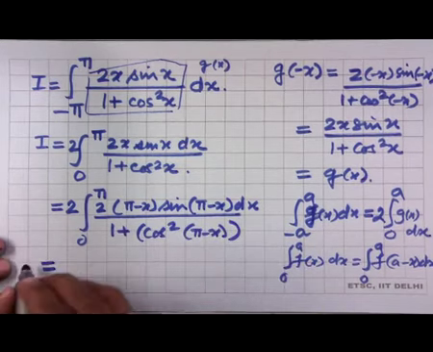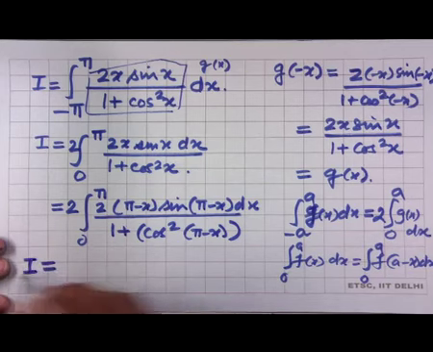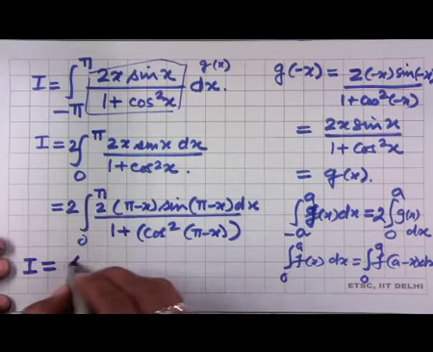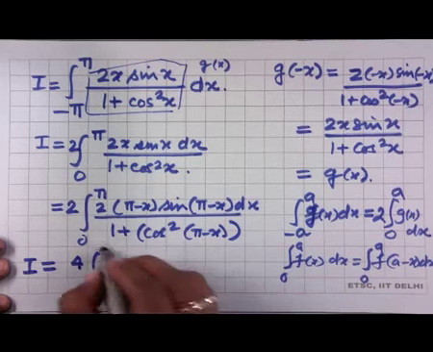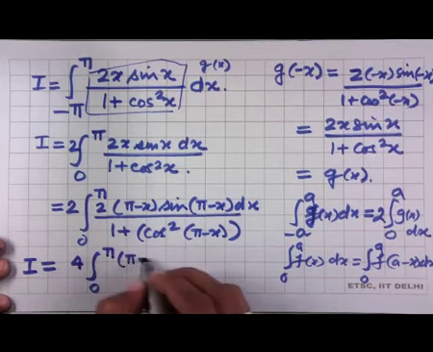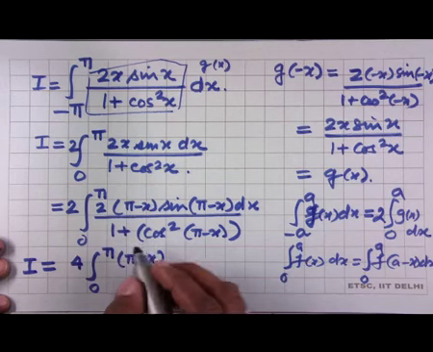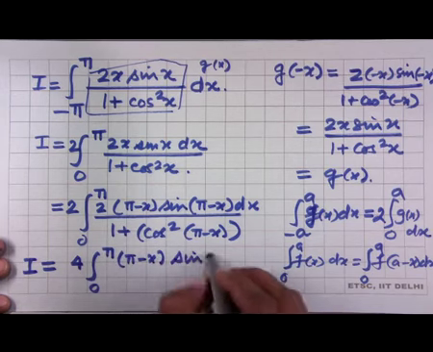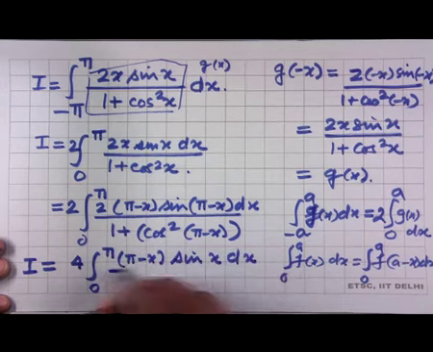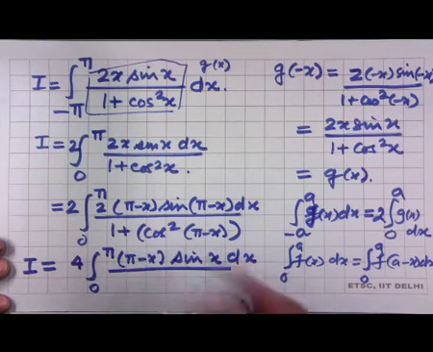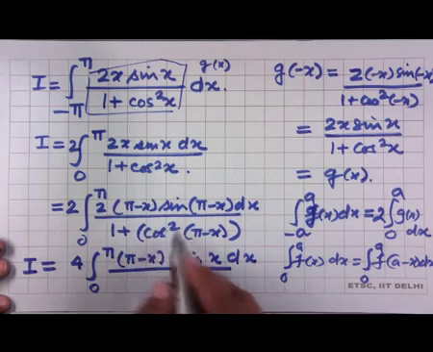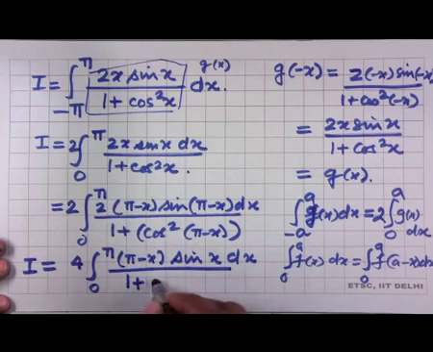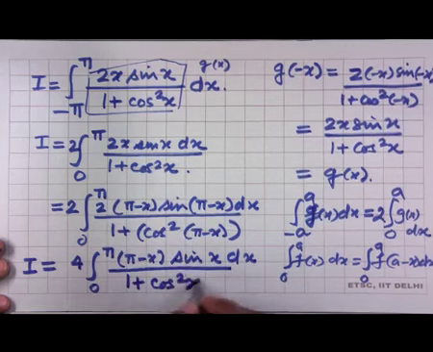We get I as 4 times 0 to pi, pi minus x, sin pi minus x is sin x and cos pi minus x is minus cos x, but since it is a square, you get again cos square x.